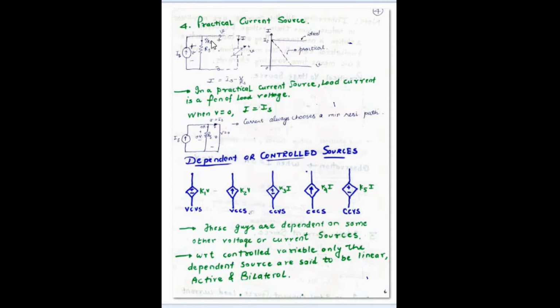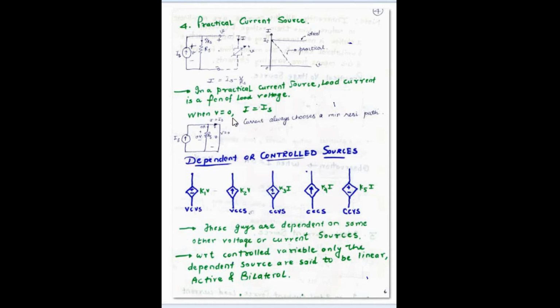This is a simple equation for this figure here. This is the I, which is Is minus V by Rs. Or we can also say that Is is equal to I plus V by Rs. Current entering is equal to current leaving. Current is leaving here, I and V by Rs. So I is equal to Is minus V by Rs. This is nothing but simple KCL, which we will talk about in the coming lecture.